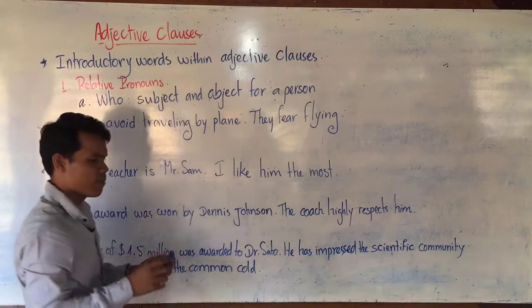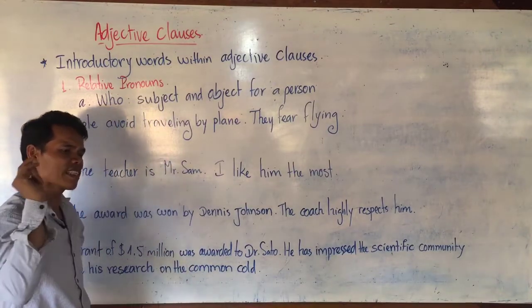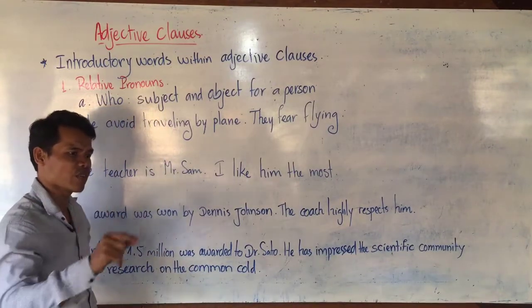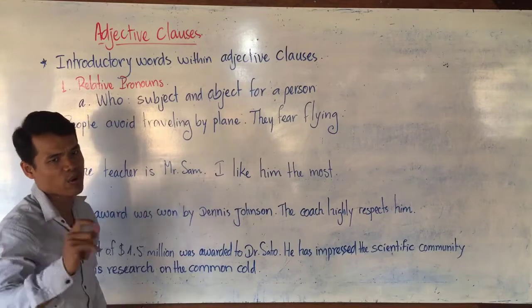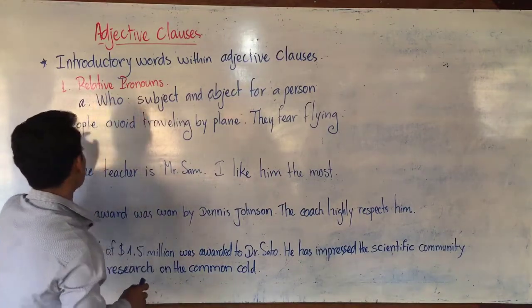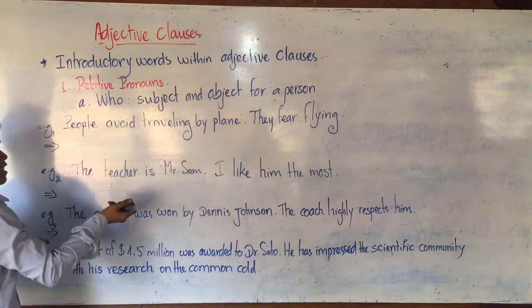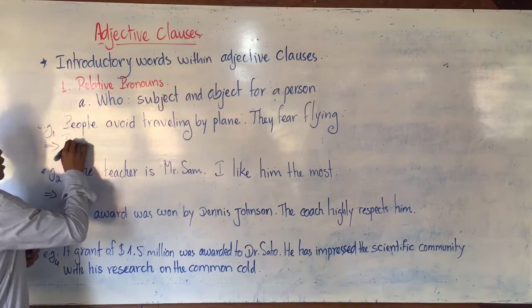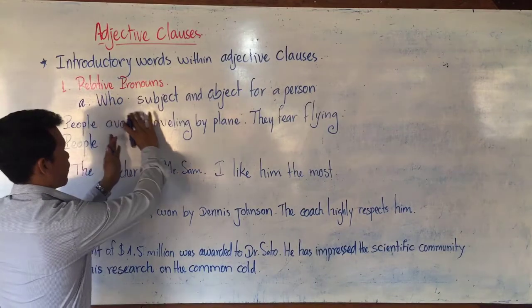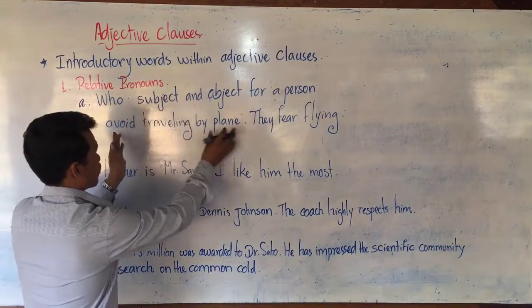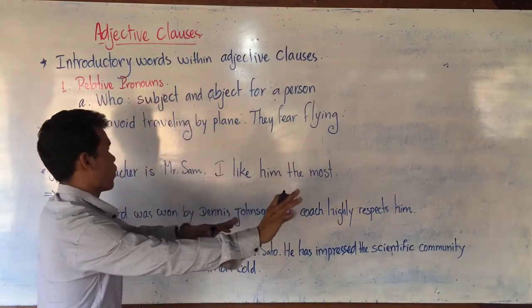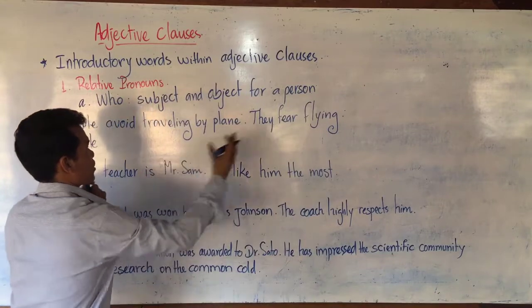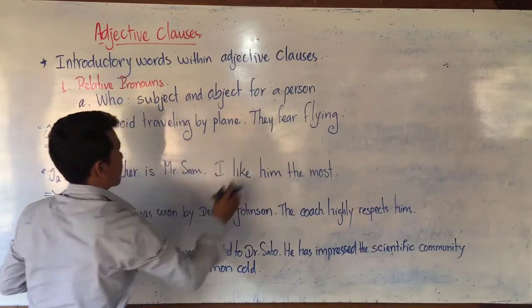Back to the adjective clause, it functions as an adjective, that is, it modifies a noun or pronoun. That's why we use people as an antecedent, or people is a head noun. So you can write like this: people, then the verb predicate from avoid to plane, we take it away, and then we insert "they fear flying".